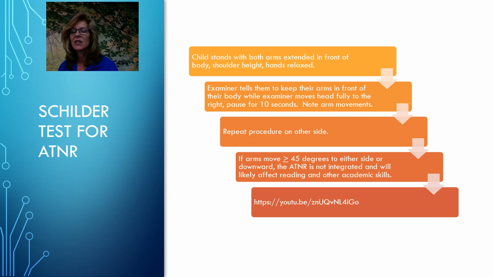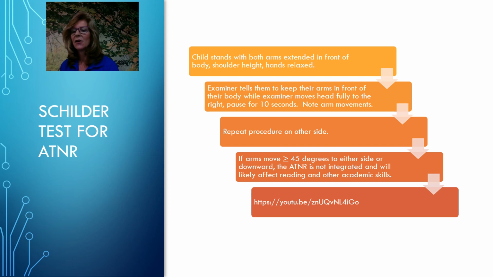And you turn the head gently to the right side, so the child's looking basically towards the right shoulder. And the hands, you're noticing if there's any change in the arm position, arm movements. Do the arms move to the same side where the head is turned? Or do the arms drop down, straight down? And then you're going to repeat this procedure on the other side.